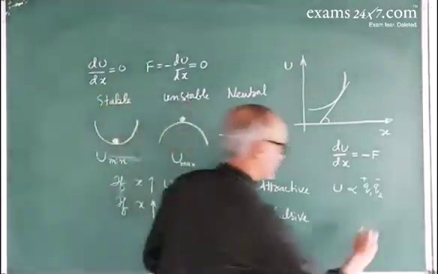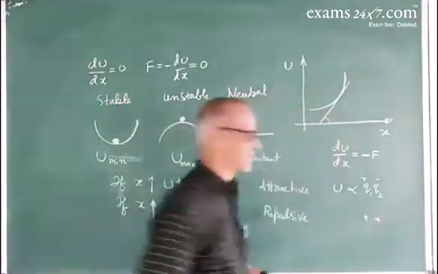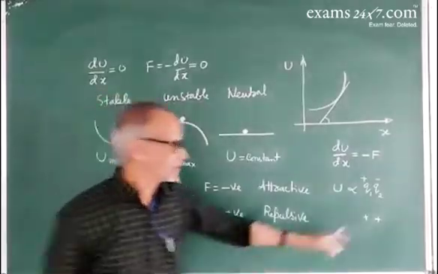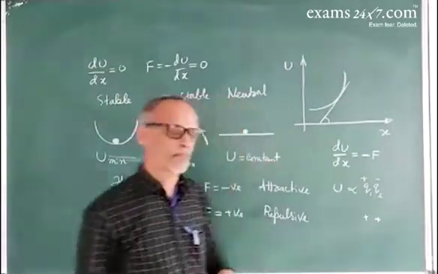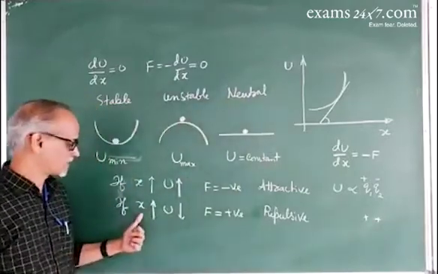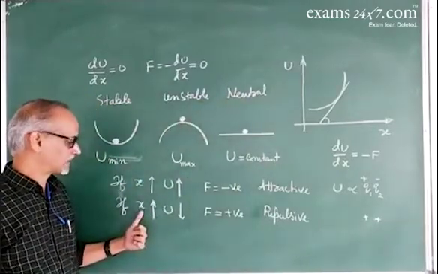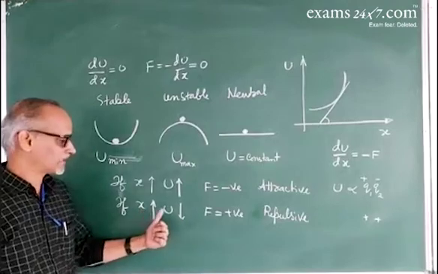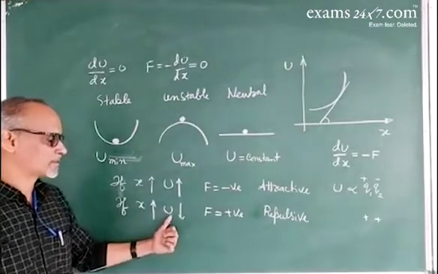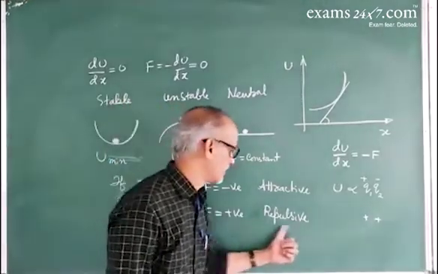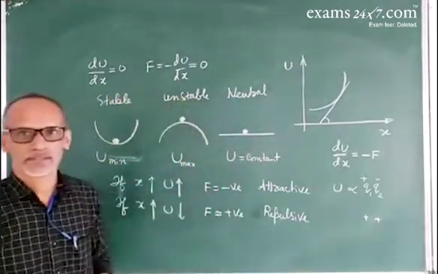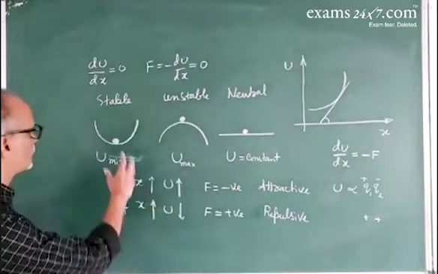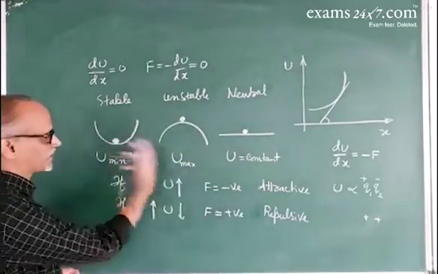And if we take two like charges, plus plus, if the distance between the two like charges is increased, their potential energy decreases. That's why the nature of the force is repulsive between two like charges. So force is always related to the potential energy.